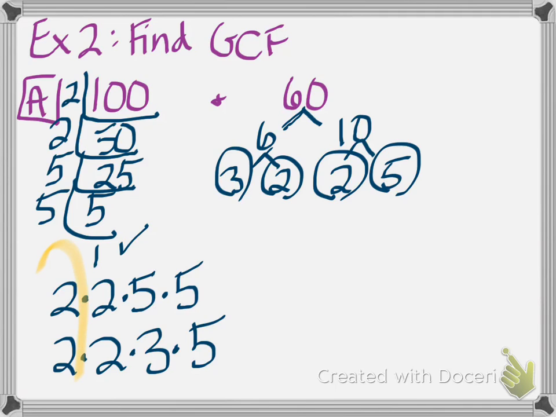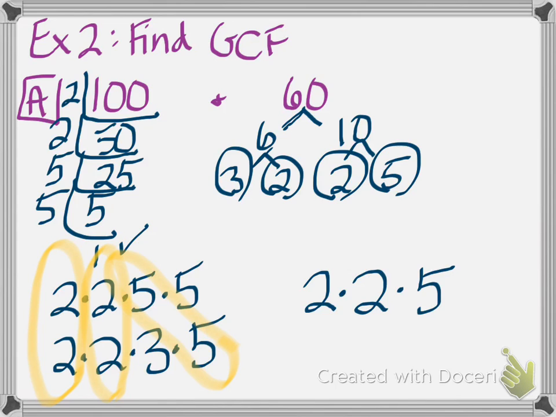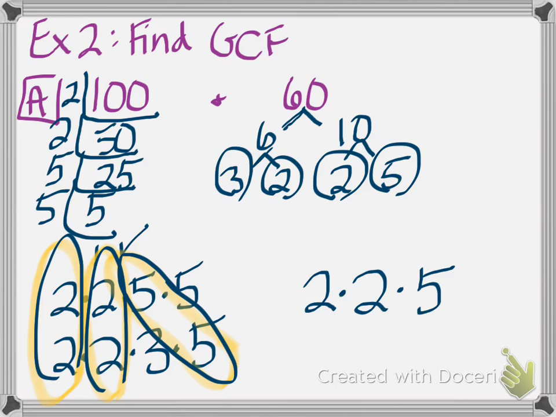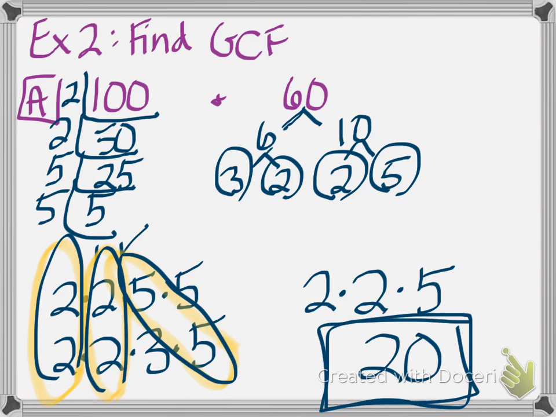So I have a 2 in common, another 2 in common, and I have a 5 in common. So the GCF of 100 and 60 is 2 times 2 times 5. Okay, they have 2 2's in common and 1 5 in common. 2 times 2 gives me 4, times 5 is 20. That means my greatest common factor is 20.